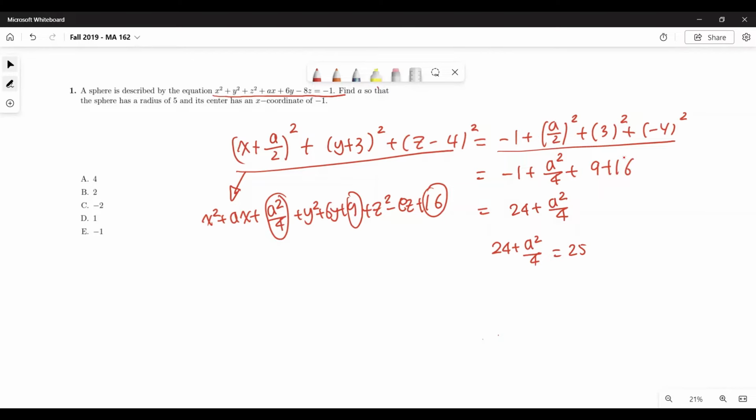So if you solve for a, then a squared over 4 equals 1. A squared is 4, a is plus or minus 2. And then we are given that its center is at x coordinate of -1, meaning -a over 2 should equal -1, -a is -2, so a is 2. So the answer for this question is B.